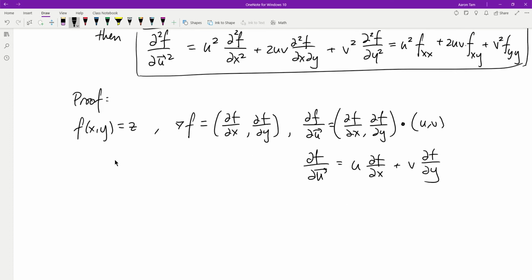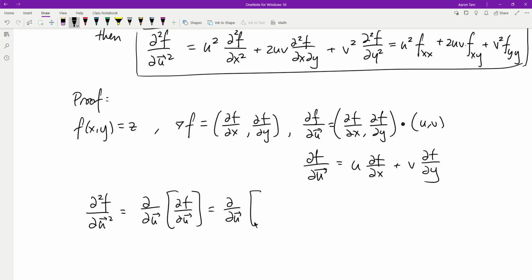So now comes the next question. What if I now want to find d squared f over d vector u squared? Well, that just equals d over d vector u of df over d vector u. So that will be just d vector u of this statement, u df dx plus v df dy.